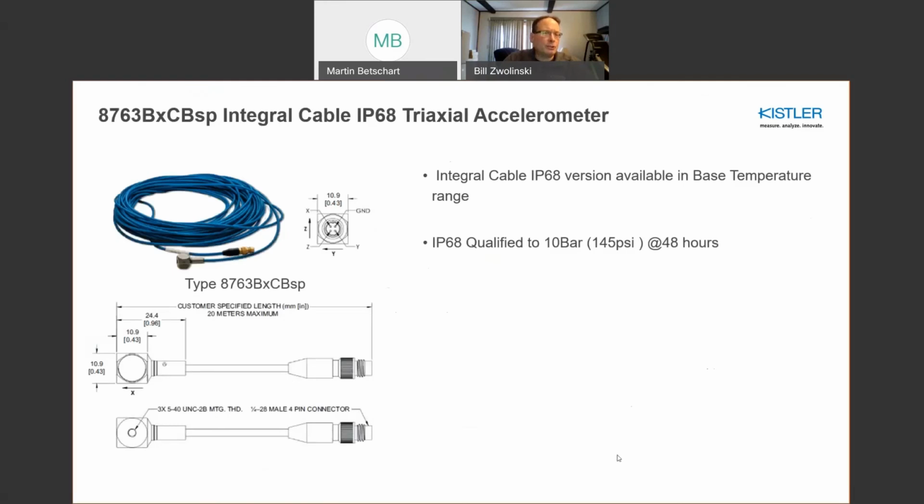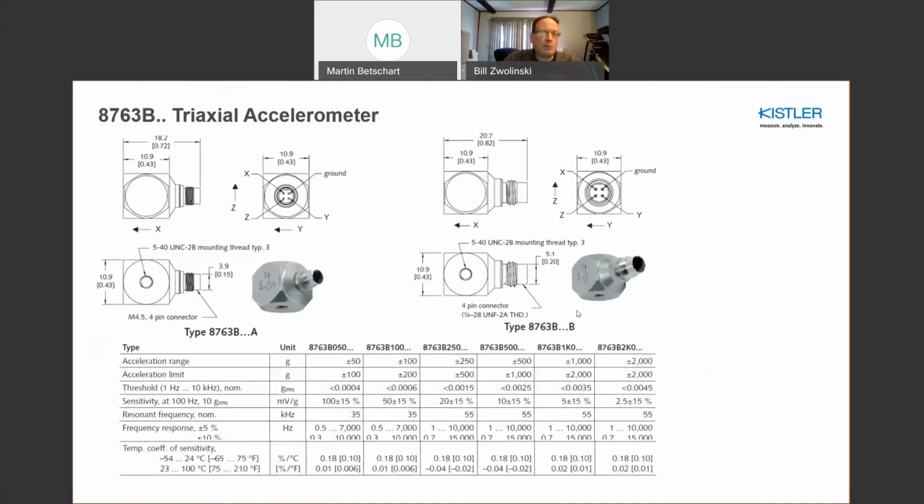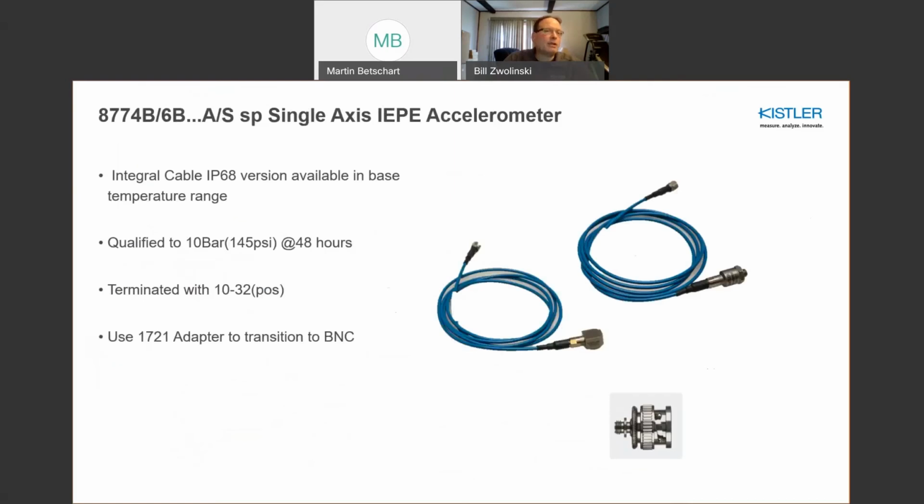Then in terms of solutions, you have integral cable, IP68, triaxial IEPE accelerometers, qualified to 10 bar for 48 hours. You get G ranges from 50 G up to 2000 G capability. You get single axis versions of that, capable of the same 50 to, say, 2000 G range. And by the way, all these are tested to 10 bar for 48 hours, so very much watertight from the factory.